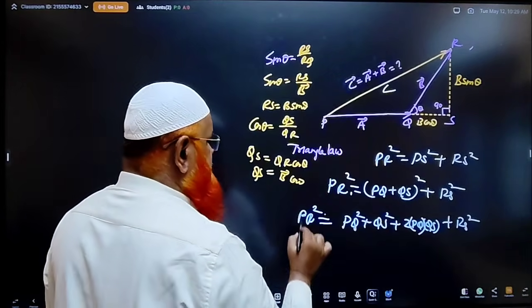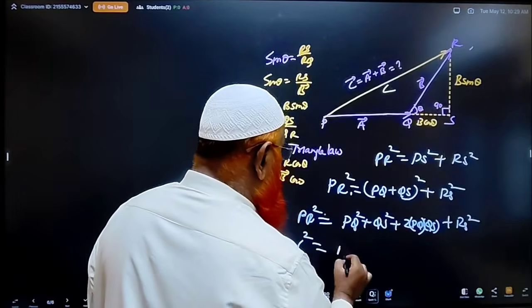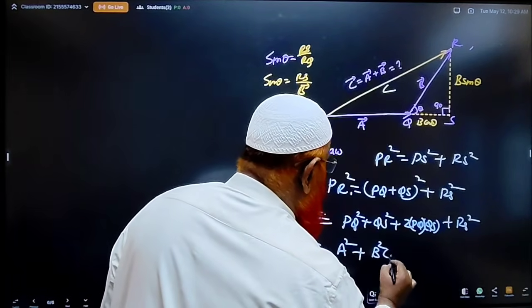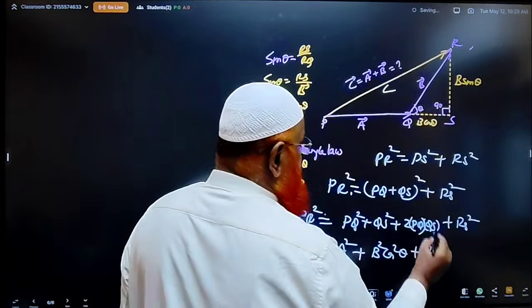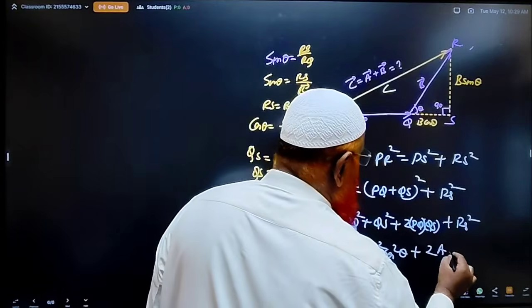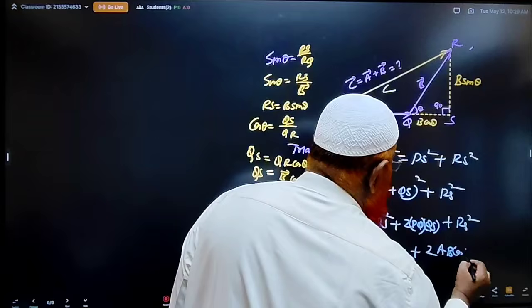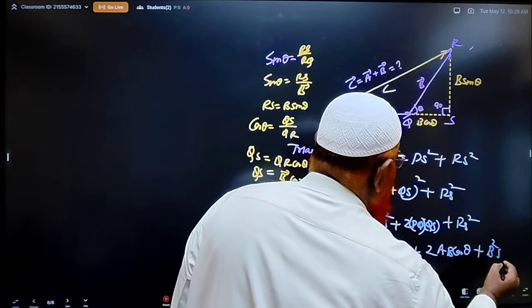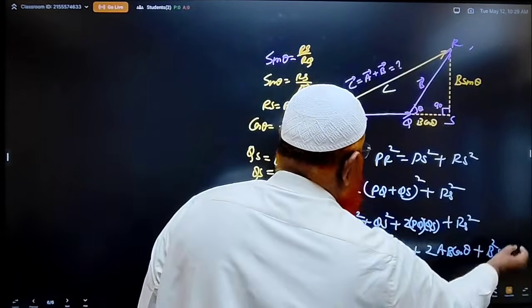So PR square is nothing but C square and PQ square is nothing but A square, plus QS square is nothing but B square cos square theta, plus 2 into PQ, 2 into A, and QS is nothing but B cos theta, plus RS is nothing but B square sin square theta.